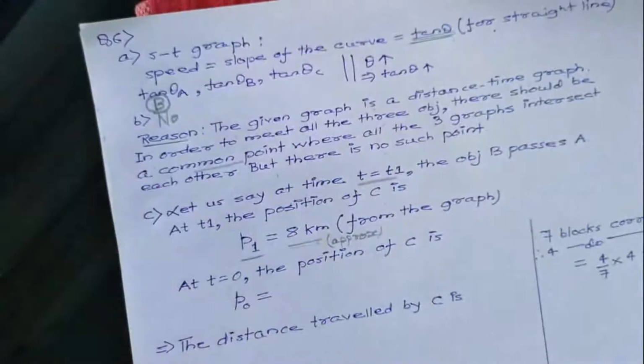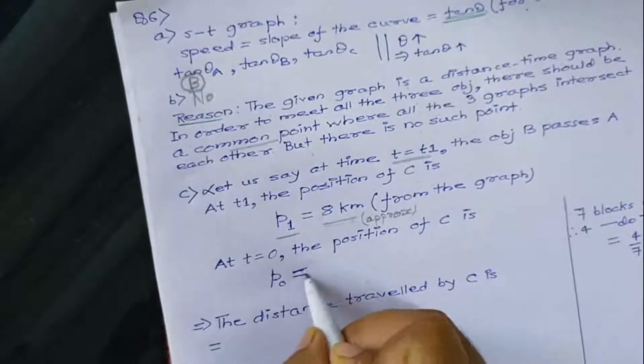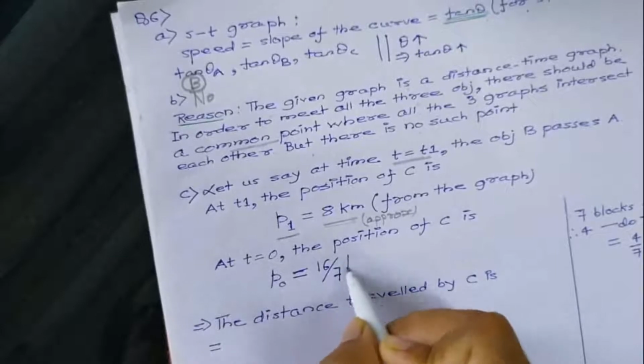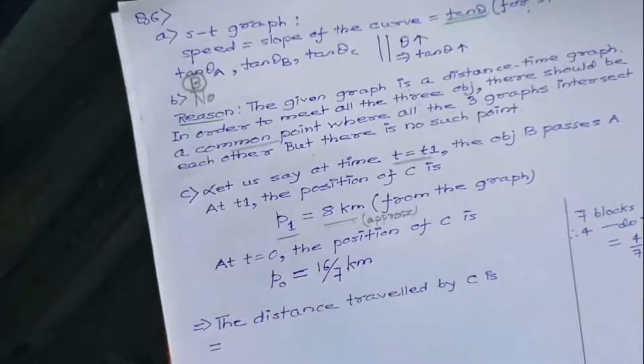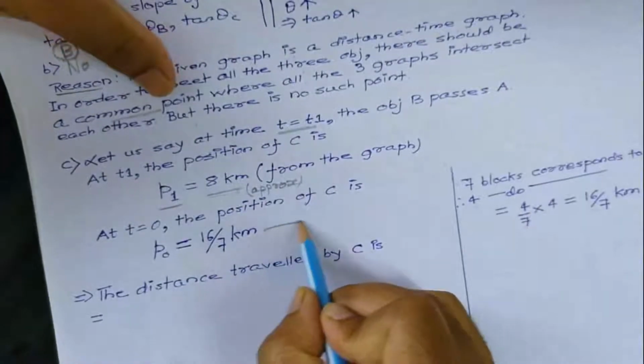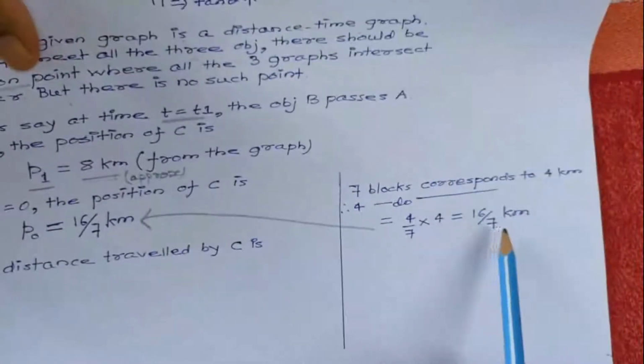So what will be the distance traveled by C? At P0, what is the value? It is 16 by 7 kilometer. And how is it coming? It is coming this way. So let me put a mark here. We have got this value from this 16/7, right?